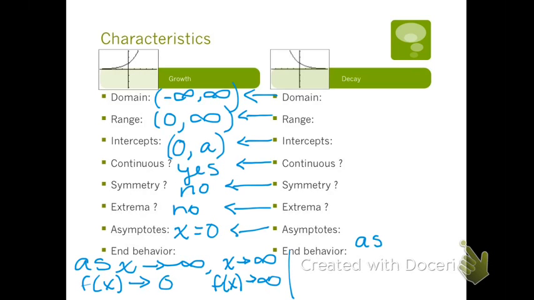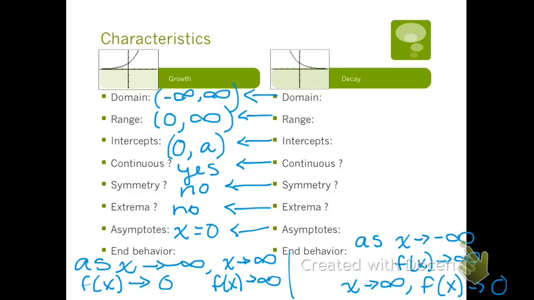So as x approaches negative infinity, f of x will approach positive infinity, and as we move to the right, the function is now approaching 0. So those flip.